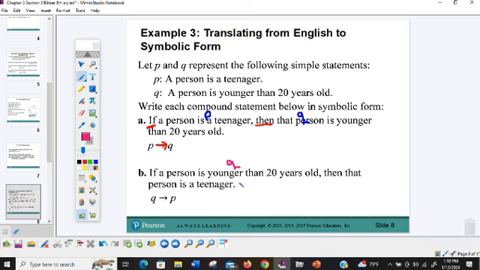That's P. So notice this is backwards, and we're going to use the if-then. Oops, I underlined the wrong thing. There we go. If-then would be this arrow. And we said if Q, then P. So we have Q, then the arrow, and then P.